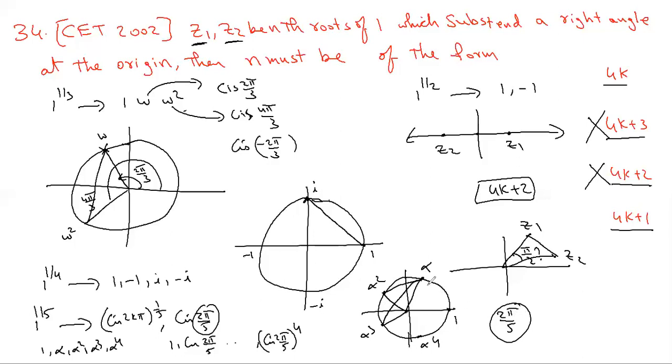Like that, you take any 2 points, that will be an integral multiple of 2 pi by 5. And pi by 2 can never be an integral multiple of 2 pi by 5. So you can never have 2 points such that they make a pi by 2 angle at the origin. So even the 4k plus 1 is also eliminated. That's why we confirm the 4k as the correct answer.